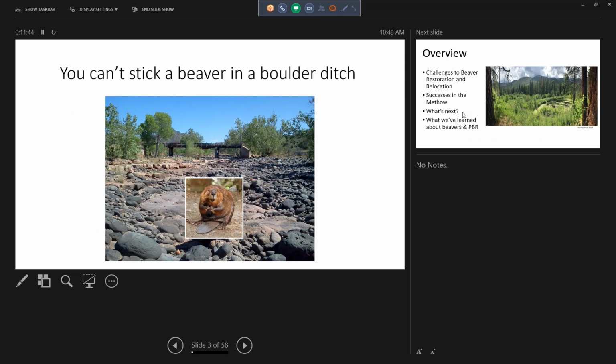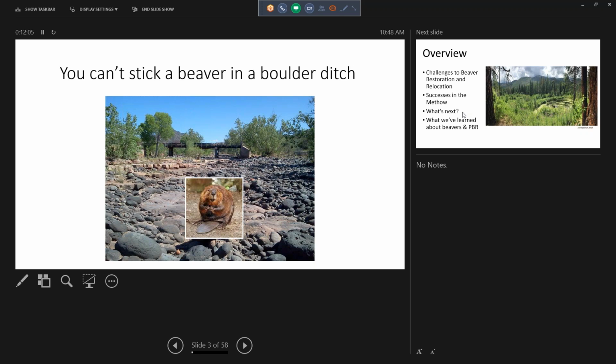The other reason, the call out to Stage Zero and Kate in particular, you can't stick a beaver in a boulder ditch and hope for any dramatic change. Okay? So I'm here to talk to you about where beavers are appropriate and when and how to make some of those best decisions from the Beaver Project experience.